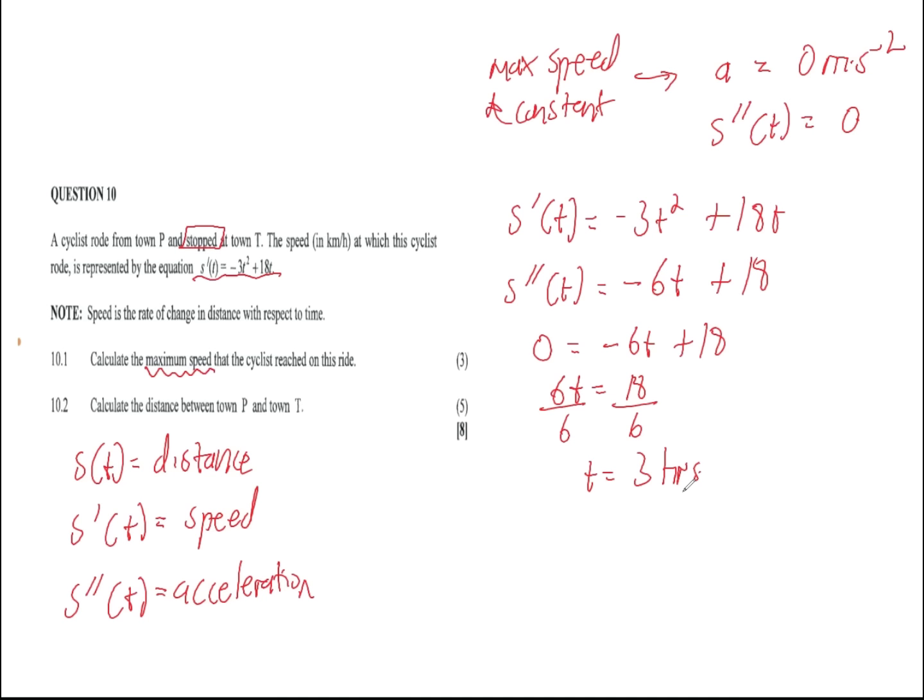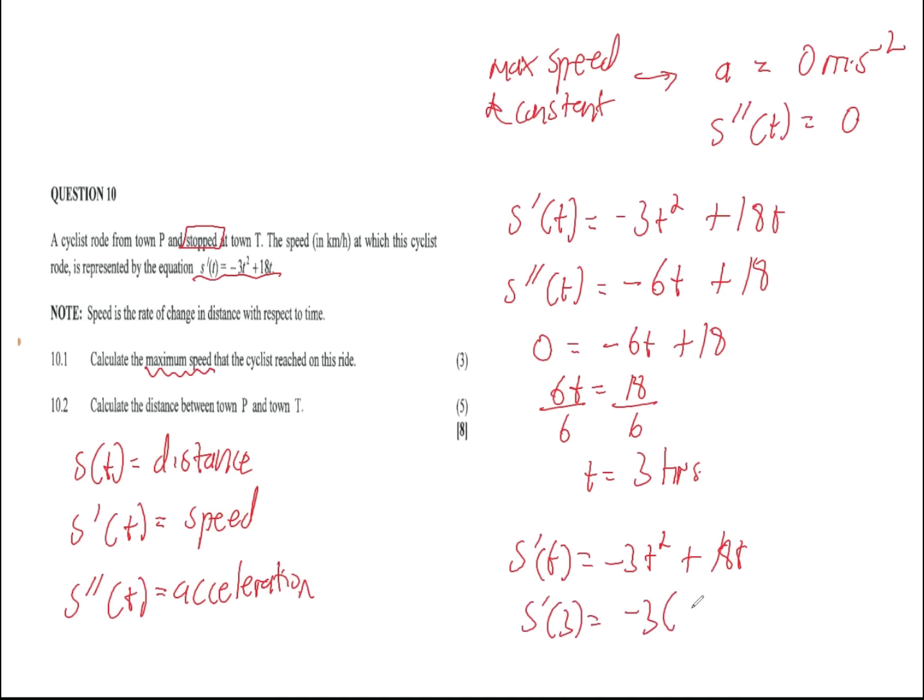And at that point, it will be moving at a constant velocity, a constant speed, right? So, okay, now at this point, we are just going to take this 3 here and use it on this formula now, because we are trying to find the maximum speed, right? When that acceleration is 0. So t is 3 here.